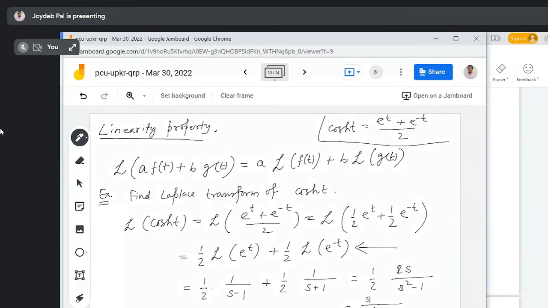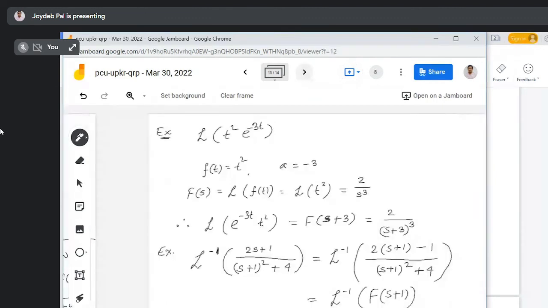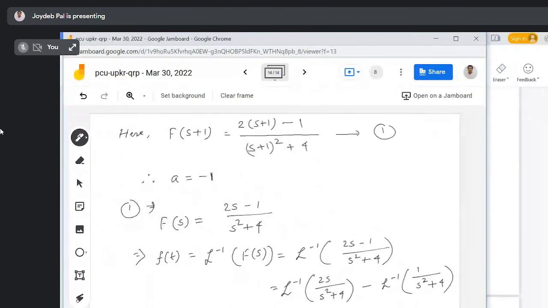In place of L, you write L inverse, and in place of F(t), G(t), you write capital F(s), capital G(s). It follows the same rule. So by that rule, I can write this. ये trivial, मतलब naturally algebra में ये सब होता है ना, distributive property, you can say. These are not exceptional. These are usual things. Is it clear?